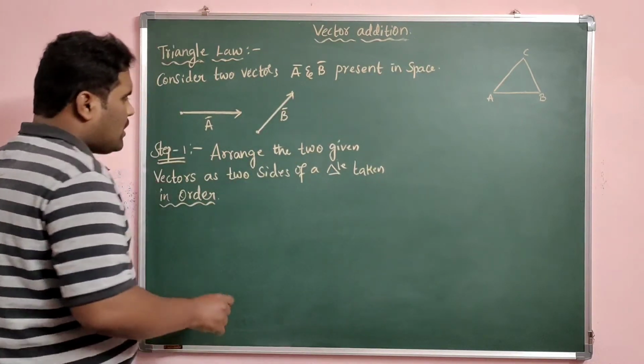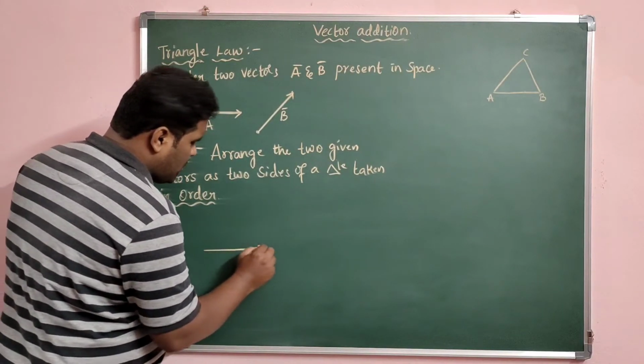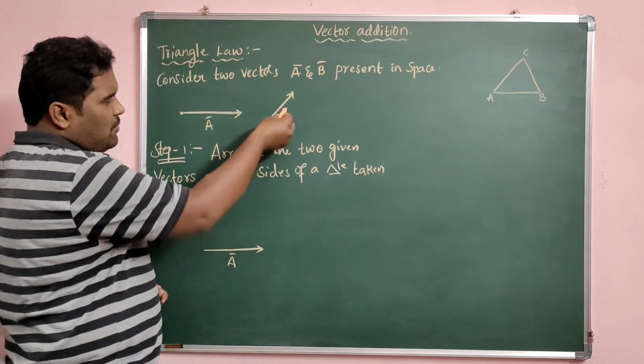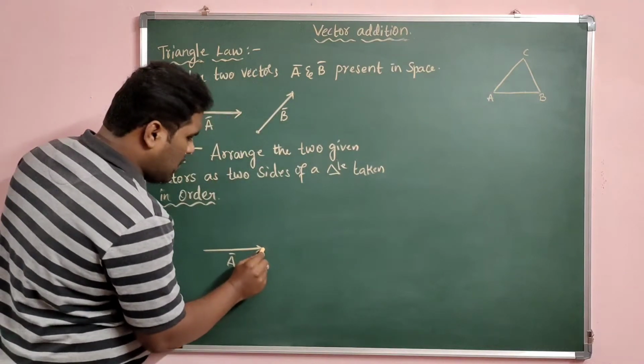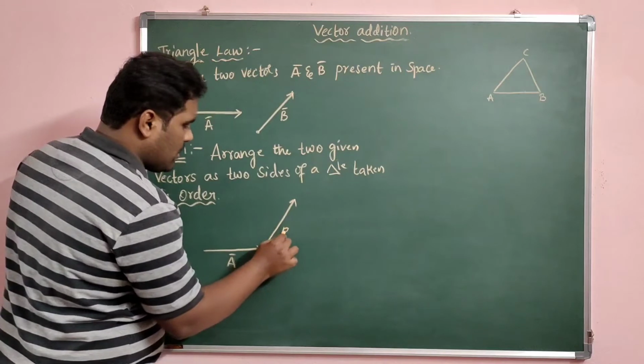So therefore, now I am arranging the two vectors. How am I arranging? See here. This is your given A bar, and I shifted this B bar in this direction. So the B bar is now present like this.